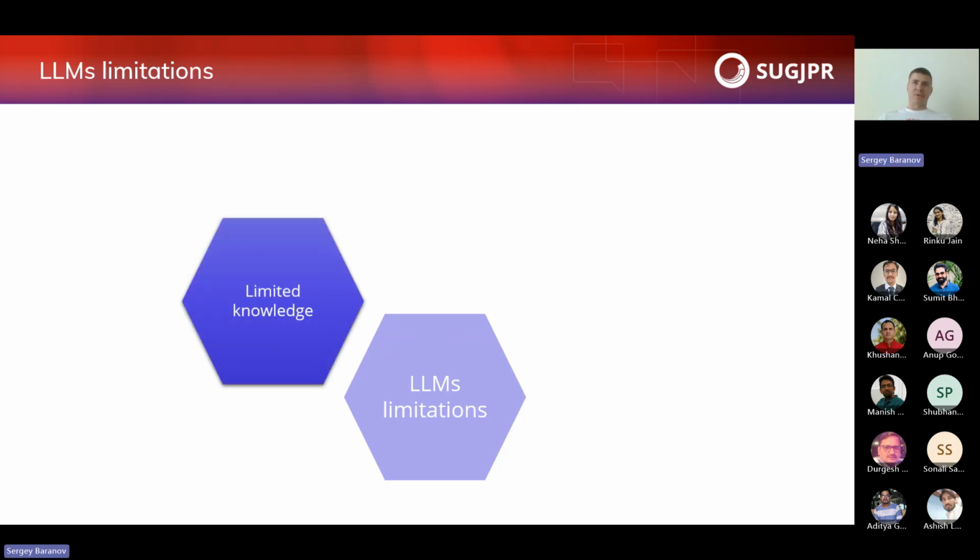Of course, the first significant limitation of LLMs is limited knowledge. If you ask something that is out of the training data of the LLM, then at best you will get an honest answer like, sorry guy, I don't know, I don't have this information. But it's more likely that the LLM will just make up something and answer you with something that looks like the truth.